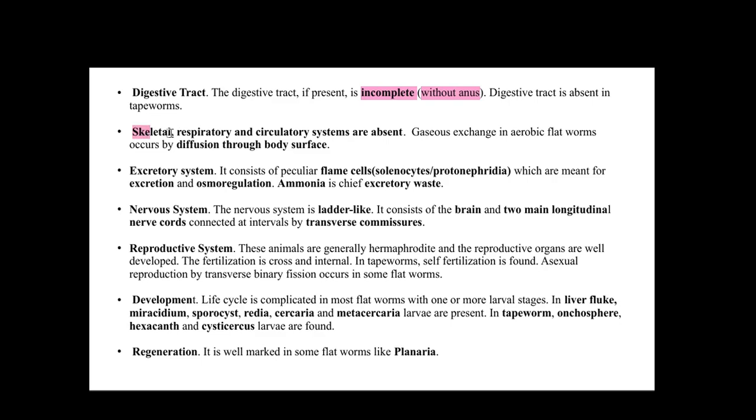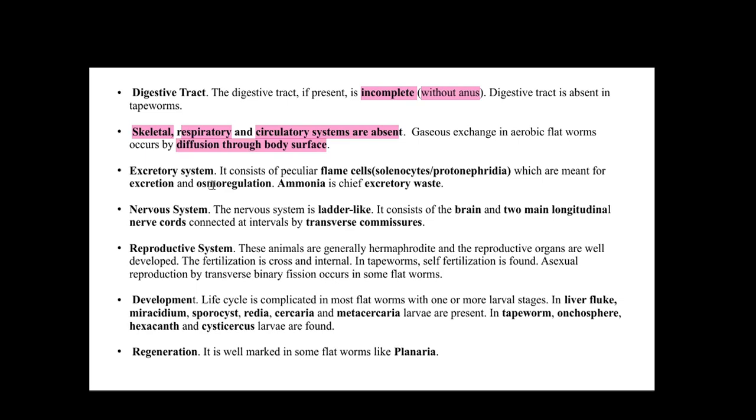Skeletal system is absent, respiratory system is absent, circulatory system is also absent. Now, if all these systems are absent, how does gaseous exchange take place? Through the body surface by diffusion.